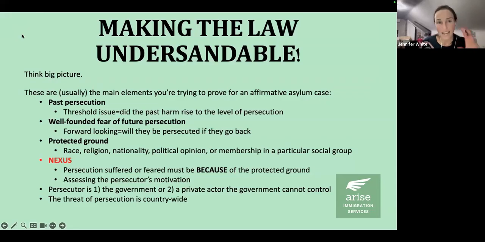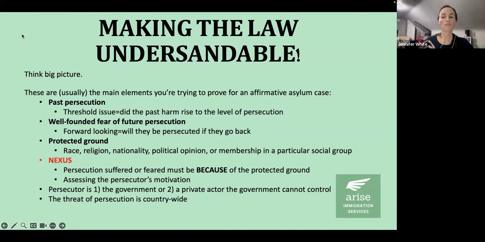It's nexus that adjudicators tend to fixate on, because if you don't have nexus, the whole case falls apart. Often that's the easiest way for the government to deny the case. They just say, no nexus, I don't even have to analyze the other elements. So I think this one in particular takes a lot of skill to screen for.